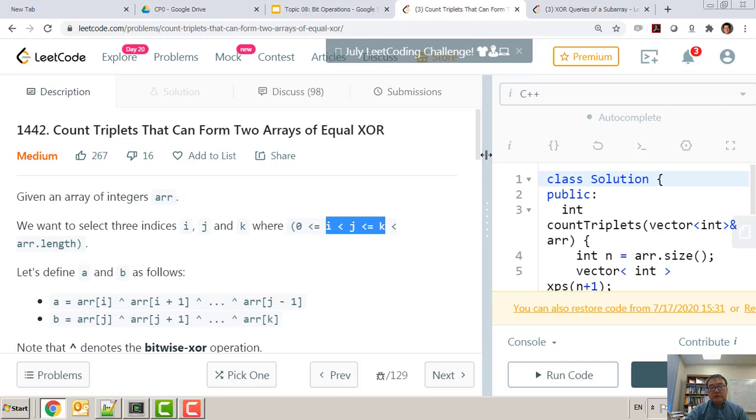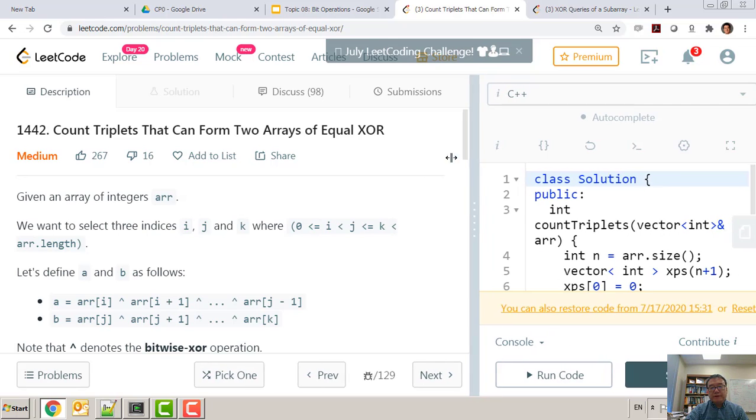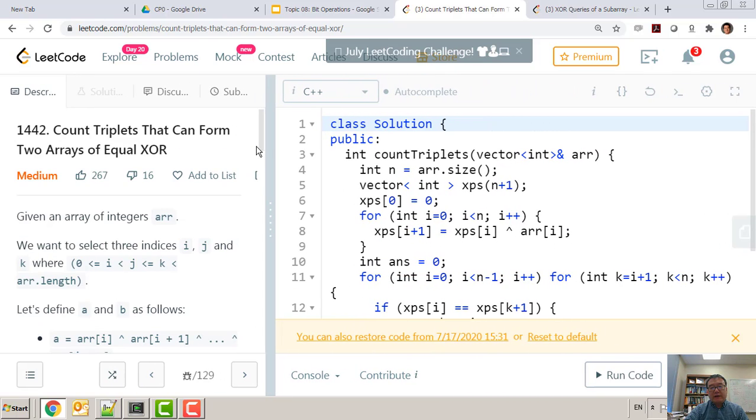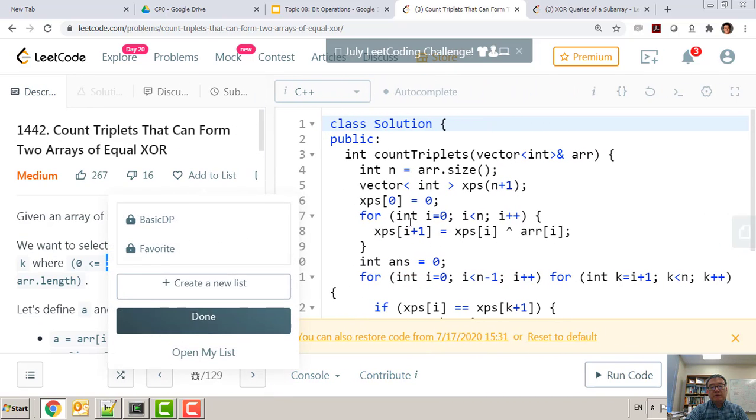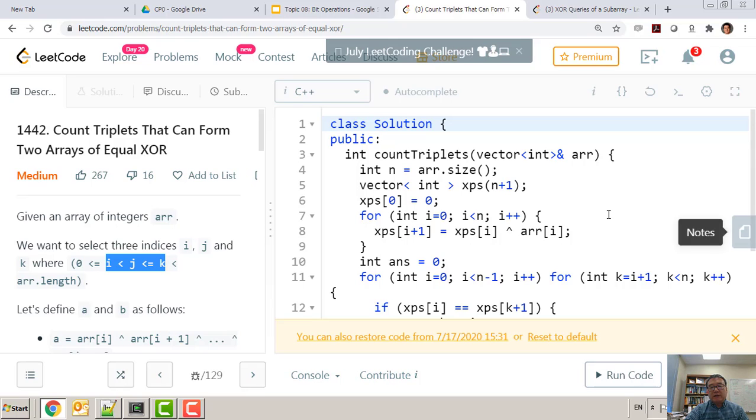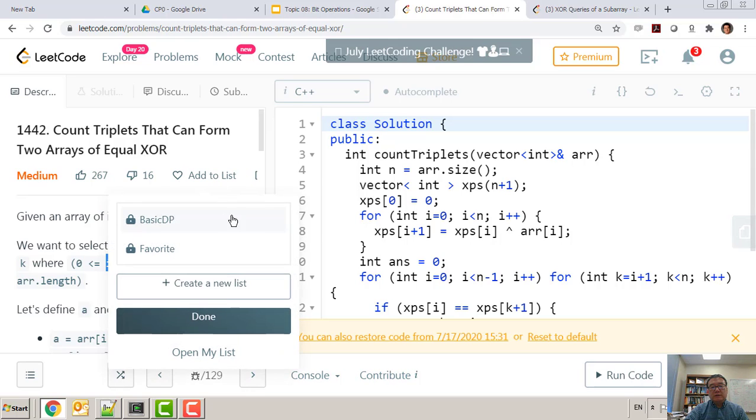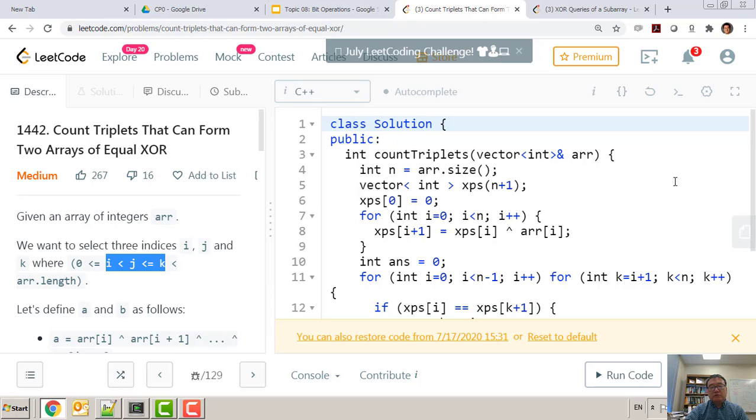By using this prefix XOR value array idea from the previous problem, we can solve this in quadratic time, because the question boils down to finding subranges that XOR to 0.